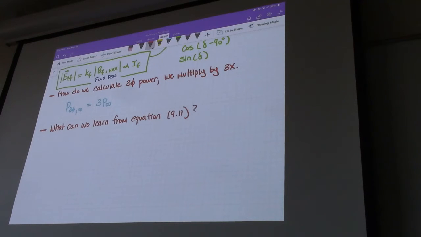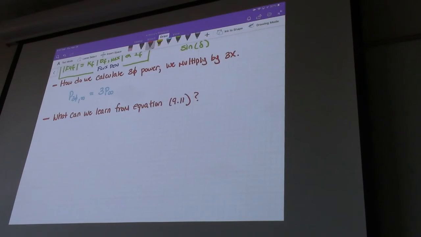So what can we learn from this equation? Two different things.